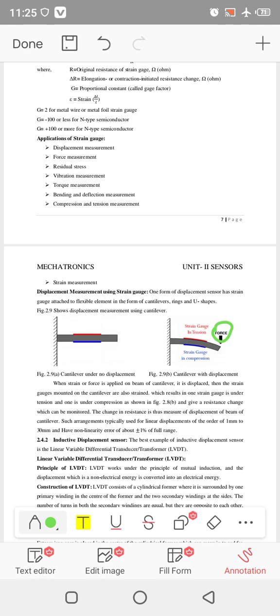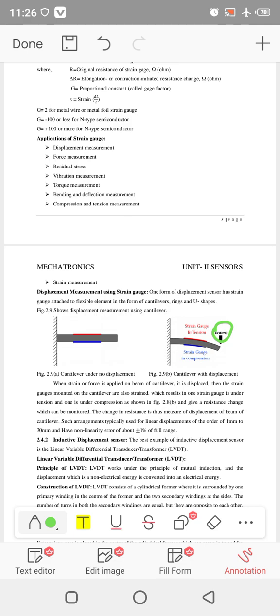At this time, our strain gauge measures the change in R over R by using the resistivity, length and area relation, as we saw in previous topics.